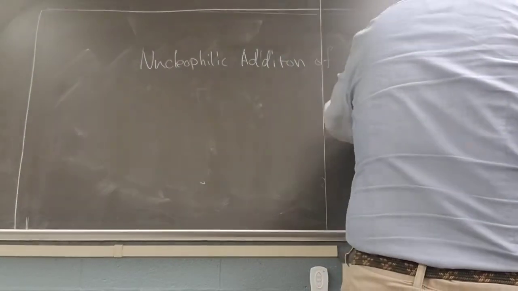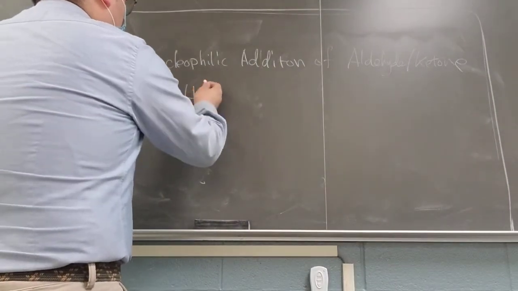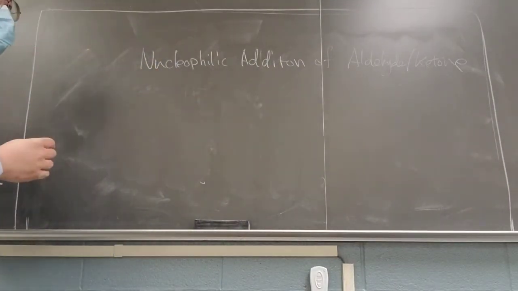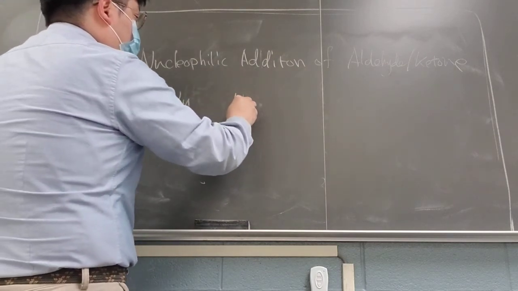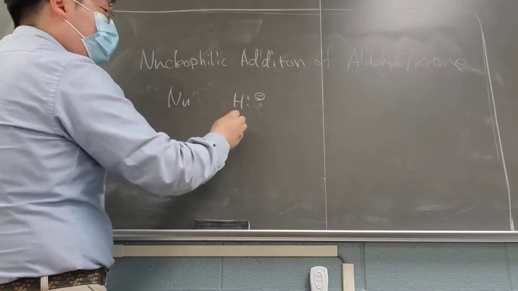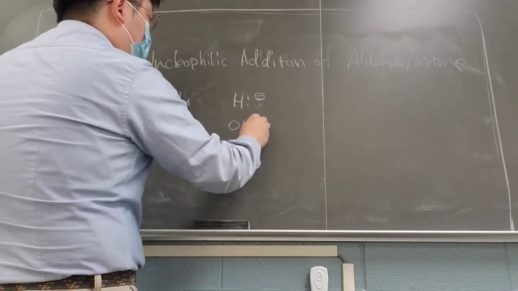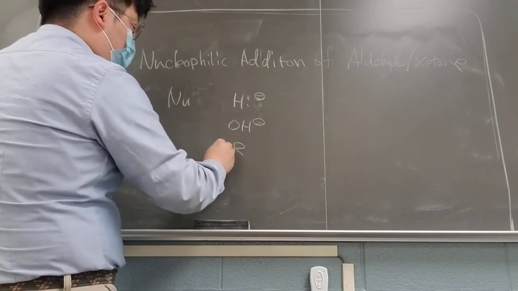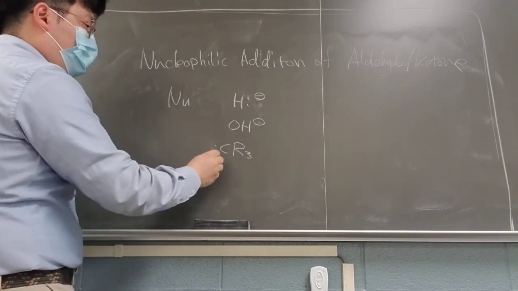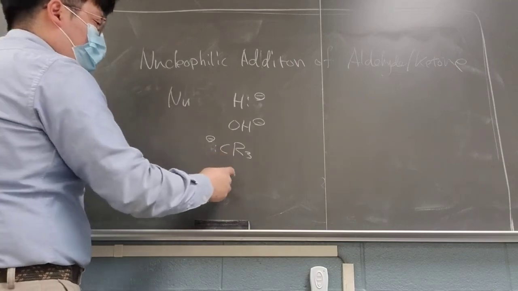So I'll give you one example here, which is hydration. First I'll give you the potential nucleophiles. You can try hydride. You can also use the hydroxide anion. You can also use a carbanion, the negative charge.